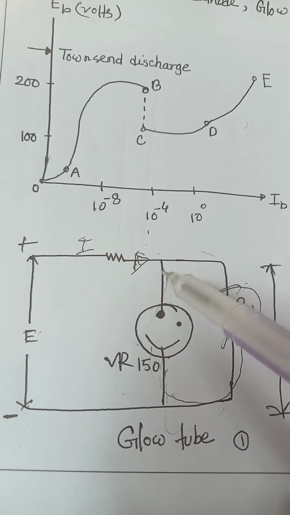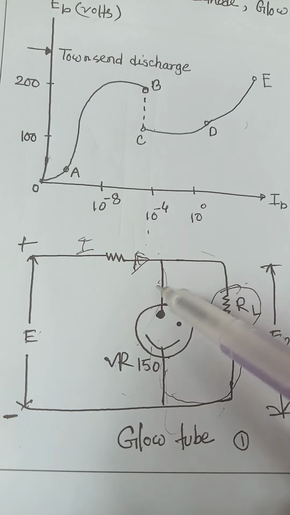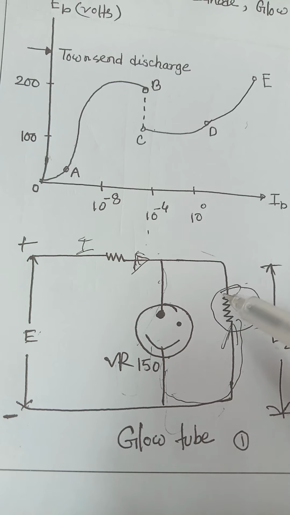It is a parallel circuit with the load RL, across which constant voltage is desired.